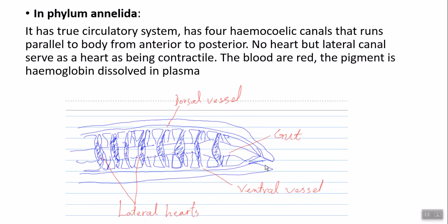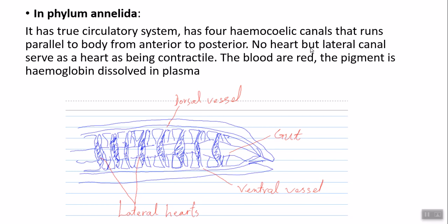So they do not have any open places where the blood comes out of these blood vessels. These blood vessels are totally closed, so blood circulates within them, and the lateral hearts keep on pumping so that the blood moves towards the anterior or the posterior regions.